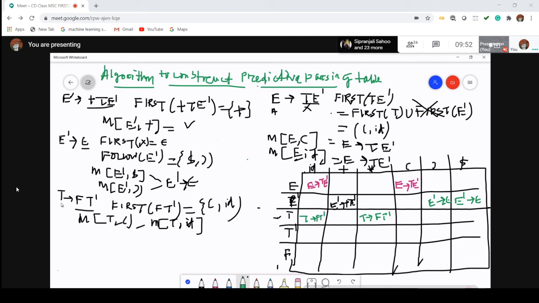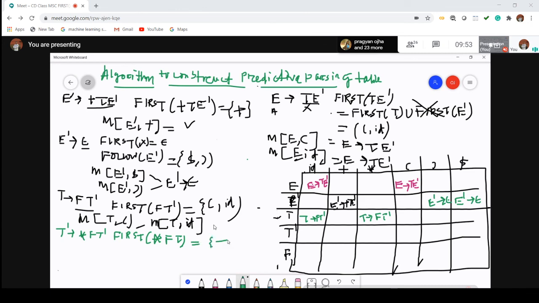This one is completed. Next production is T dash to star F T dash. What is the first of this element? It is starting from a terminal symbol, so definitely it is star only. First of star F T dash is only star.